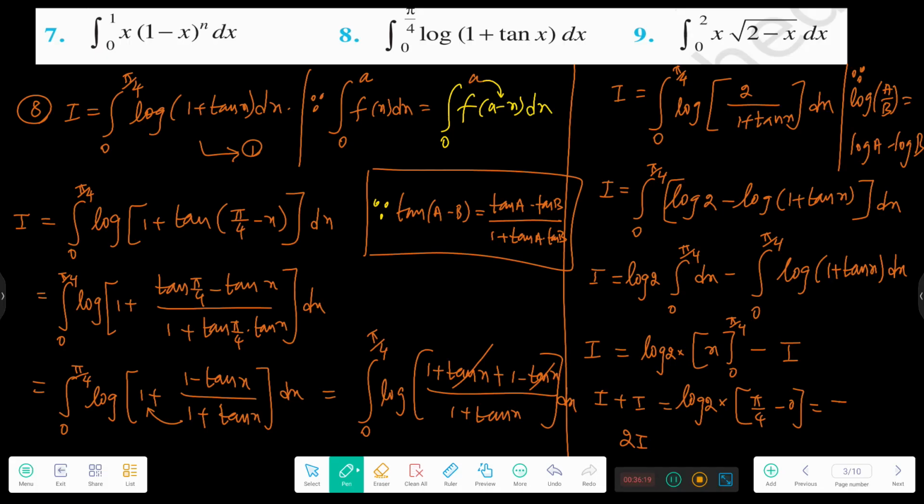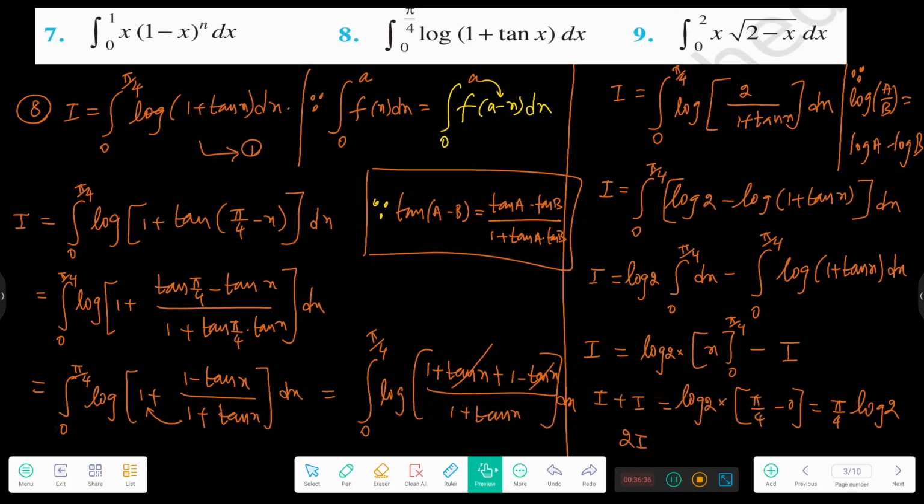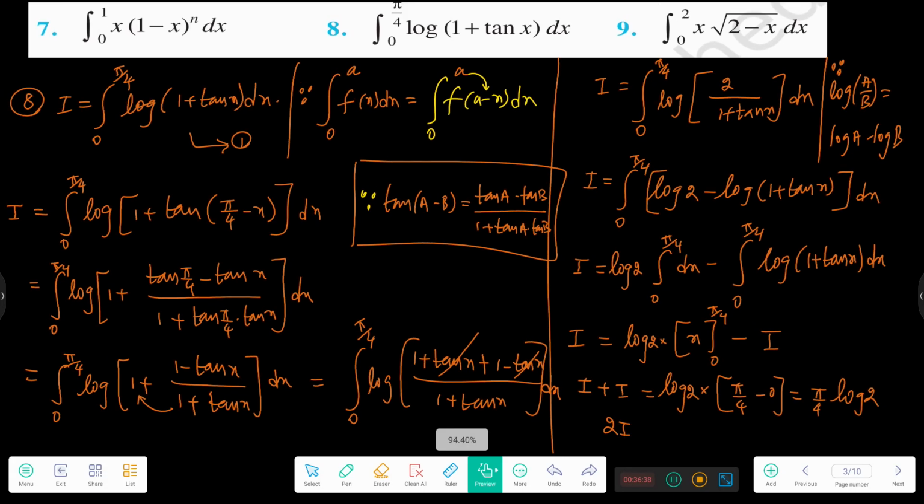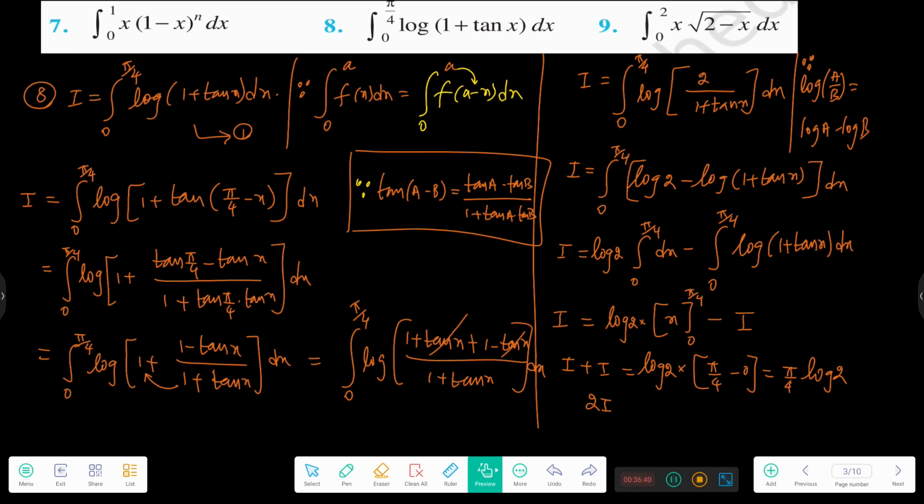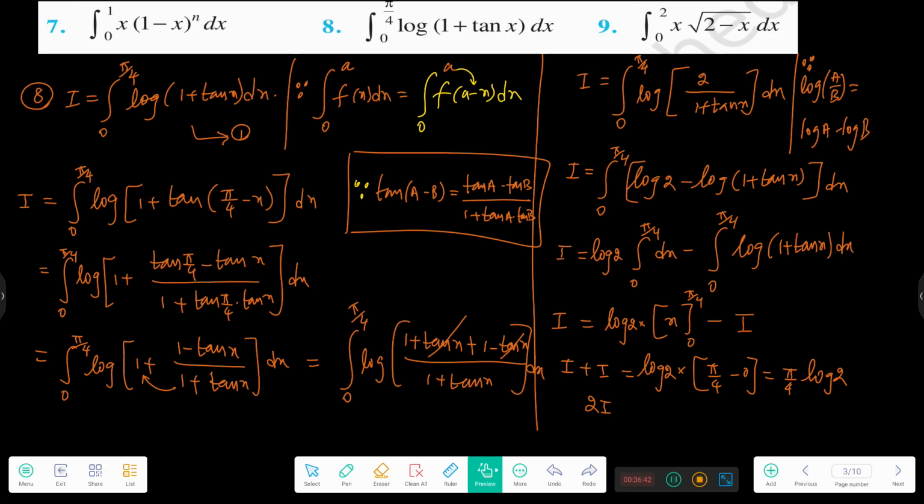But here we have pi by 4 in front and log 2 we have. In multiplication we can write it in front.